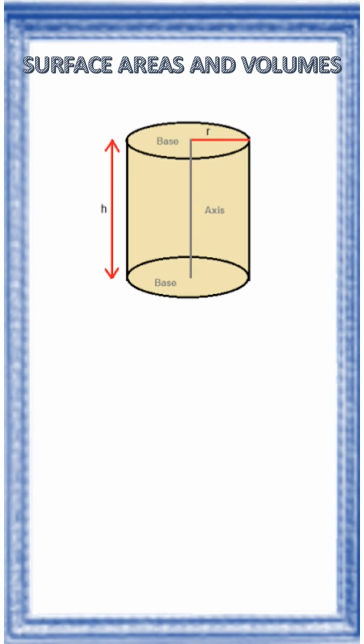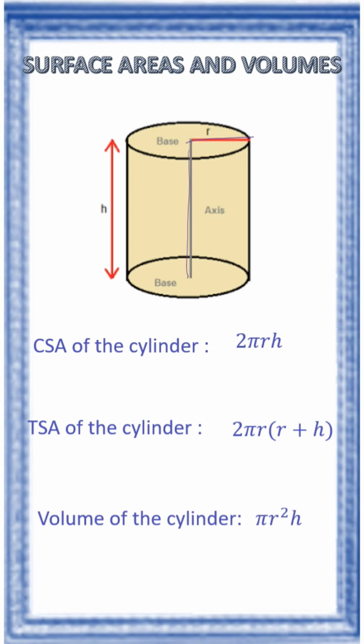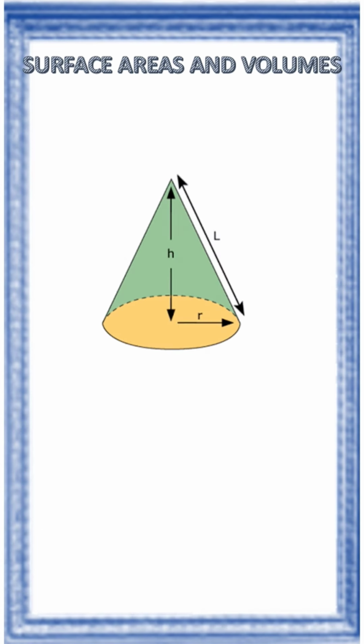Surface areas and volumes. Curved surface area of cylinder is 2 pi rh. This is the radius, this is the height. TSA of cylinder is 2 pi r into r plus h. Volume of the cylinder is pi r square h. Now let us have a look into cone.